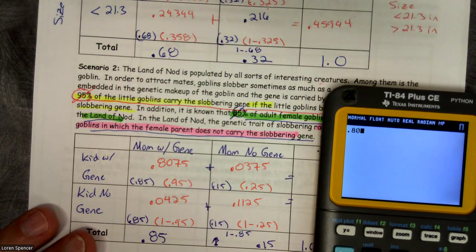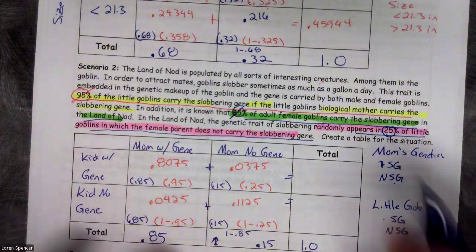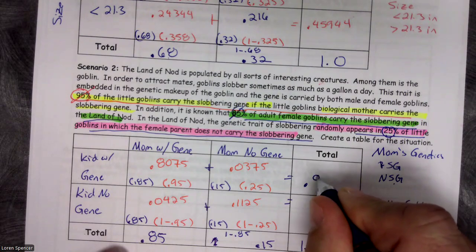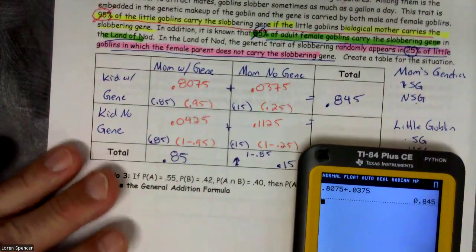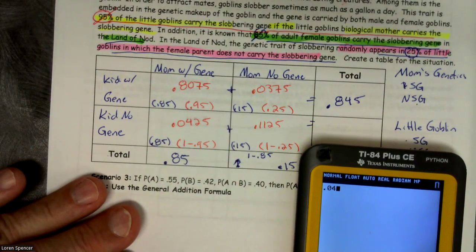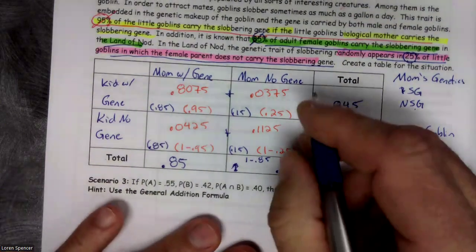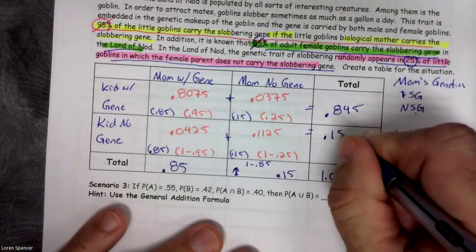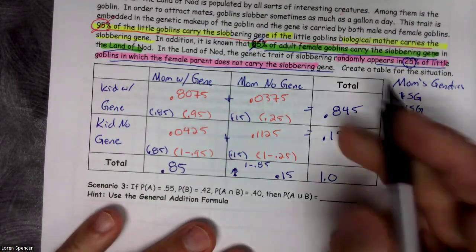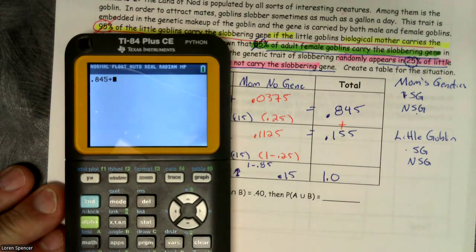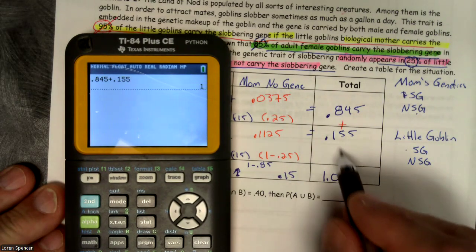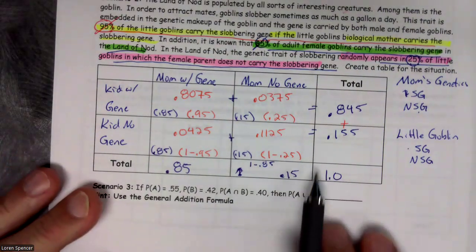So we're going to go 0.8075 plus 0.0375, and we get 0.845. And then we add these two values, 0.0425 plus 0.1125, and we get 0.155. 0.845 plus 0.155, and we get one whole right there. Okay, so this table checks out.